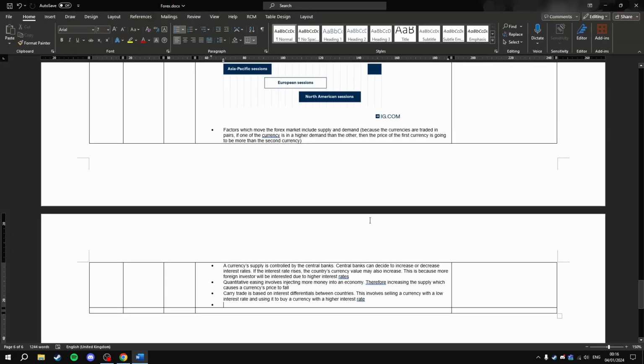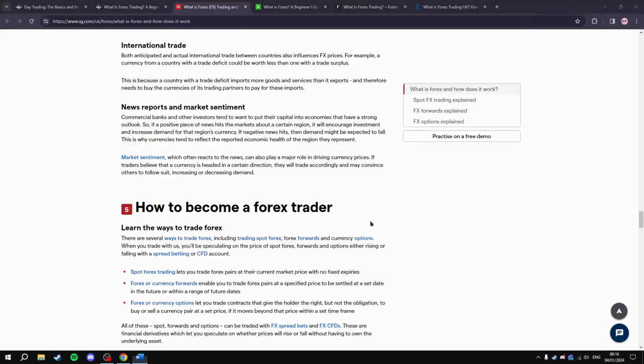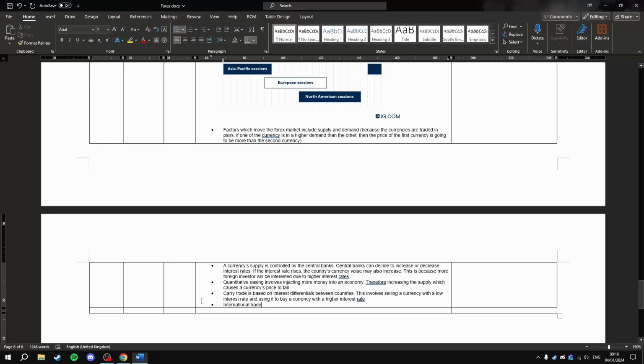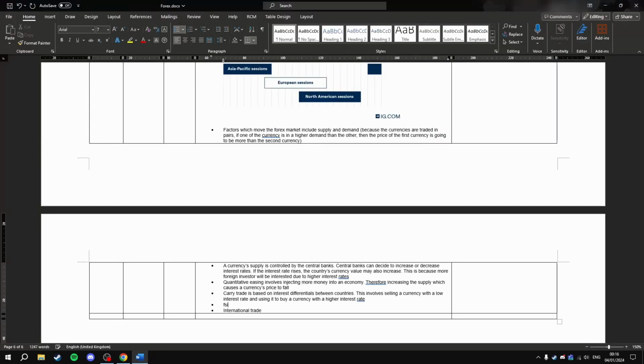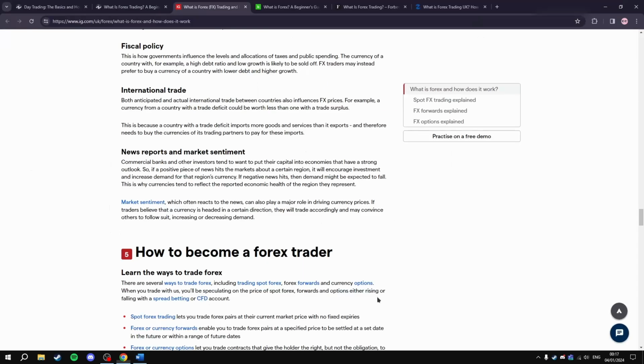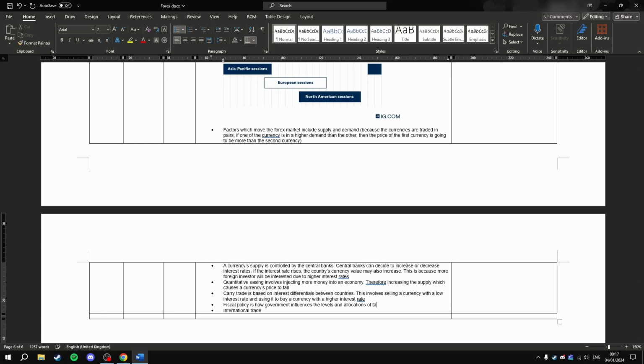Oh, right, okay. So international trade. Should I have fiscal policy? Oh, we'll need to know that now actually. Fiscal policy is how governments influence the levels and allocations of taxes and public spending.